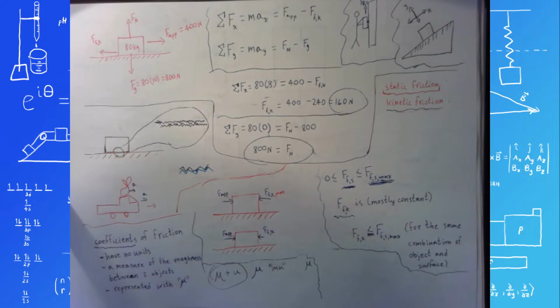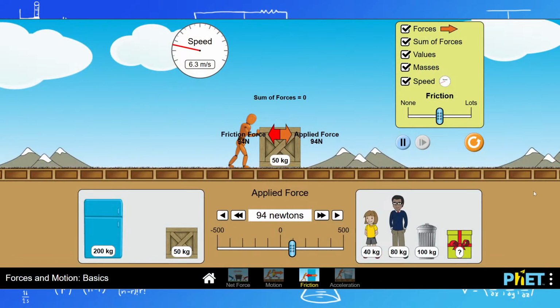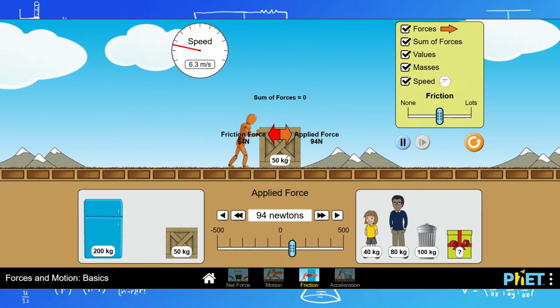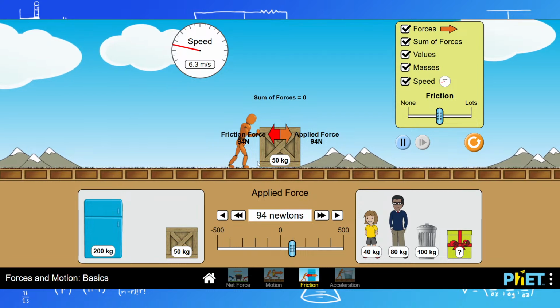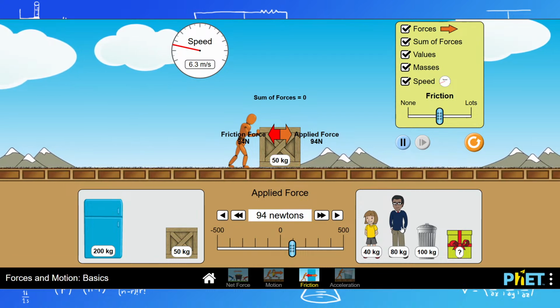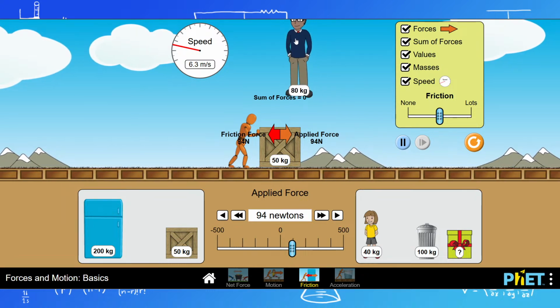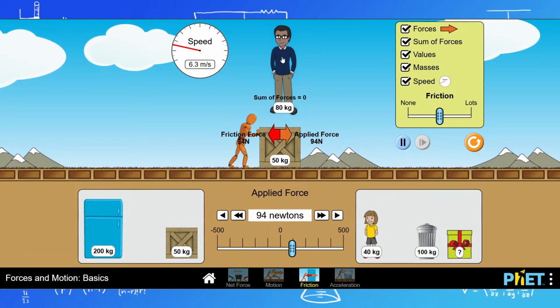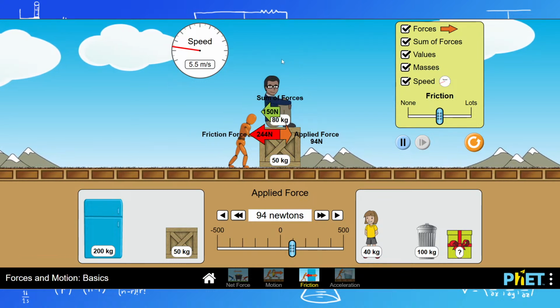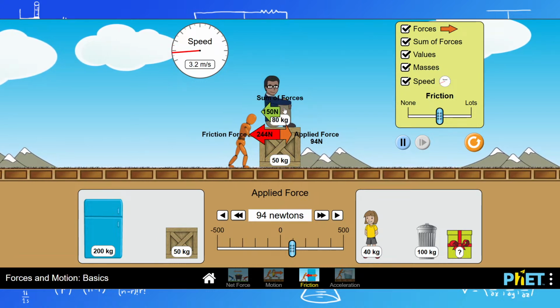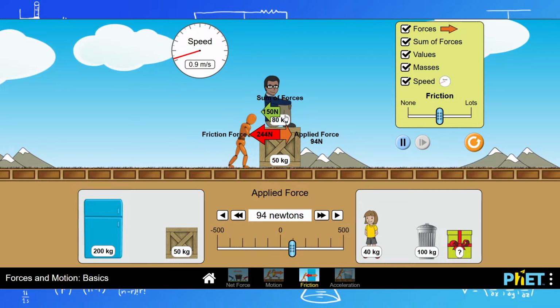Same thing with an object on the floor. If I go back to, again, this PhET simulation, over here I've got 94 newtons of friction on a 50 kilogram crate, but if I put a person on top, if I apply some force downward, now the weight of this person presses the box into the ground harder, and you saw the friction force went up to 244 temporarily.